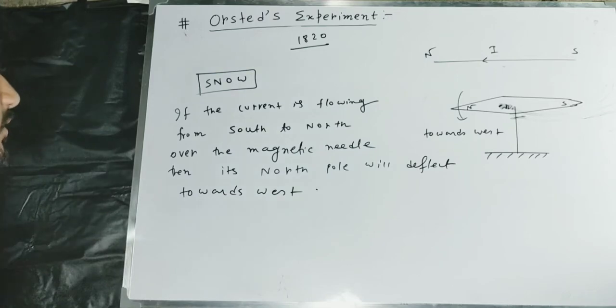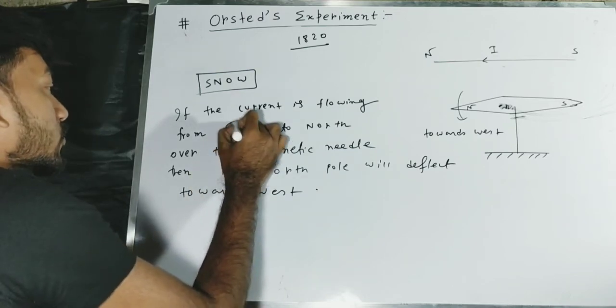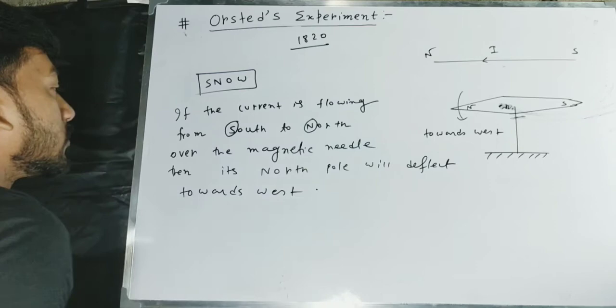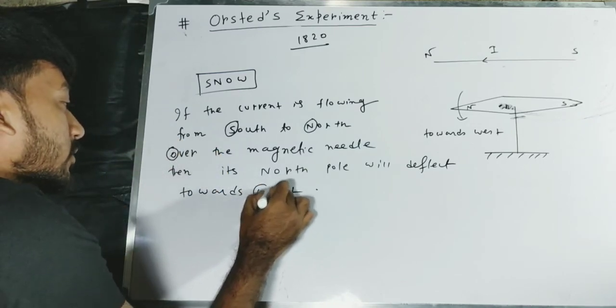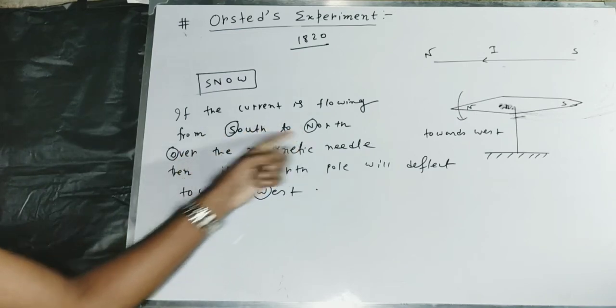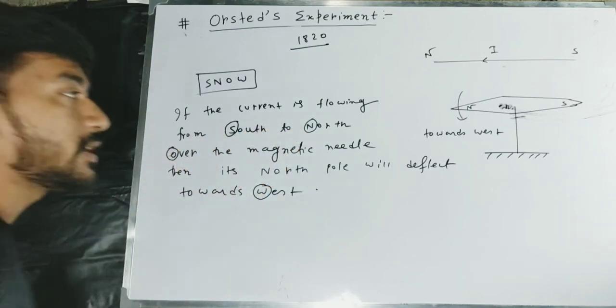So here we take the letters: south to north over the magnetic needle, then it will deflect towards west. So SNOW.